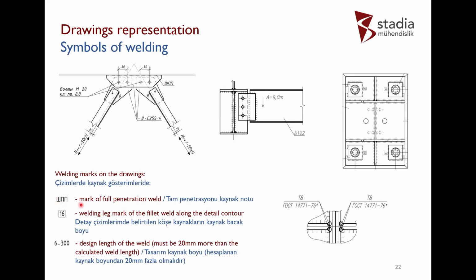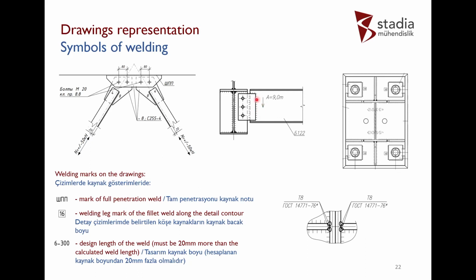This mark ЧПП means full penetration weld in Russian, and we can mark it as here, as near. Also we can write it near the welding for understanding. This means contour welding. For example, here we can add 8 millimeters in a square.